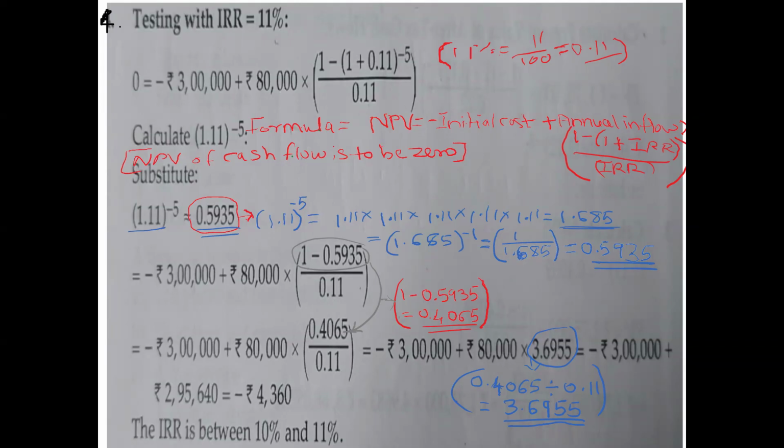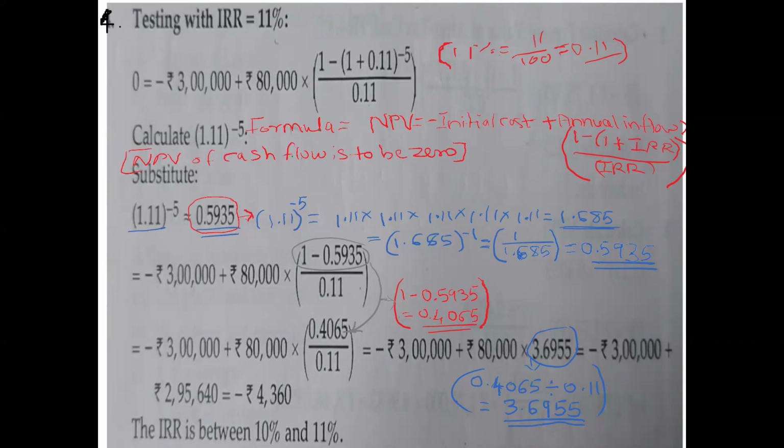Now, NPV of cash flow is to be 0. Substitute 1.11 bracket complete minus 5. We have to calculate 1.11 five times. So the answer will be 1.685.